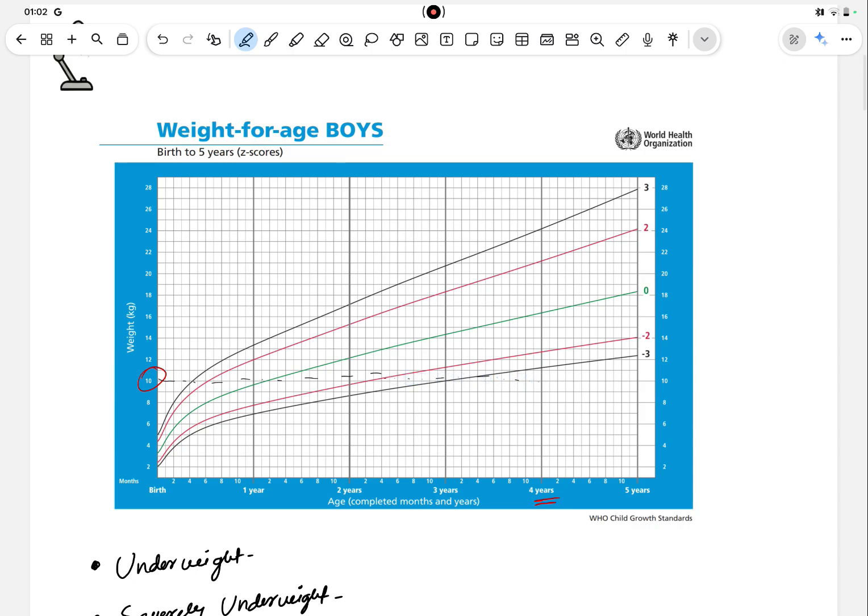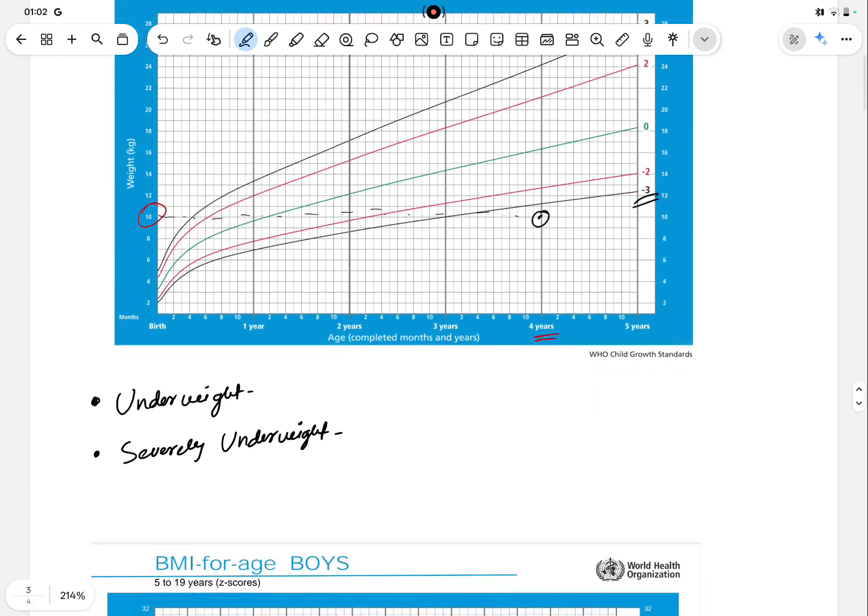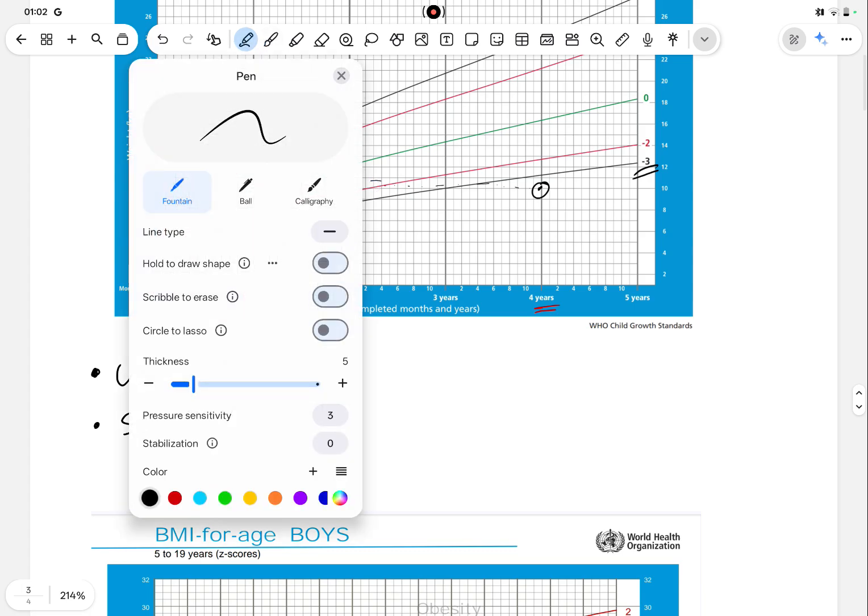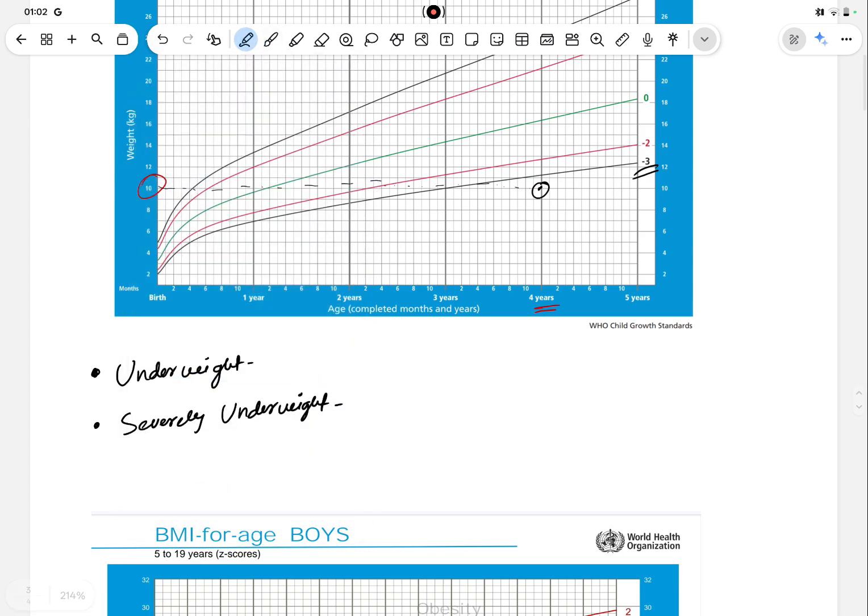It is coming very less, so it is less than -3 standard deviation. It is severely underweight. Okay, so we categorize two parts: severely underweight, another is underweight. So severely underweight is when it is less than -3 standard deviation. Underweight is when it is less than third percentile or less than -2 standard deviation.